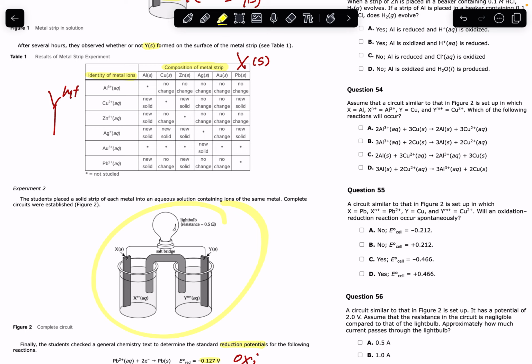And to increase the current flow, basically we need to increase the electron movement, to have a very spontaneous redox reaction. It doesn't matter which side is doing oxidation and which side is doing reduction. We don't have to know that. We just need to know that generally, if we want to increase the current flow, we want this one to be very much spontaneous.